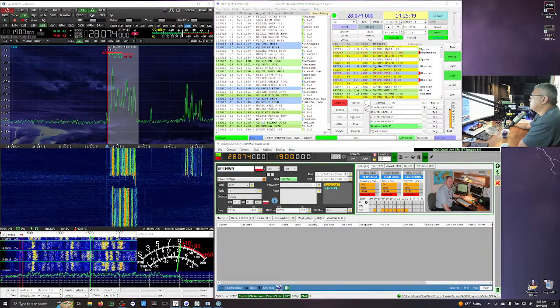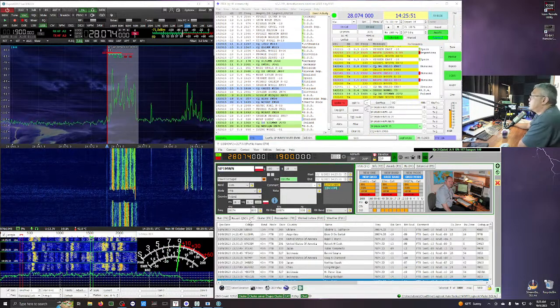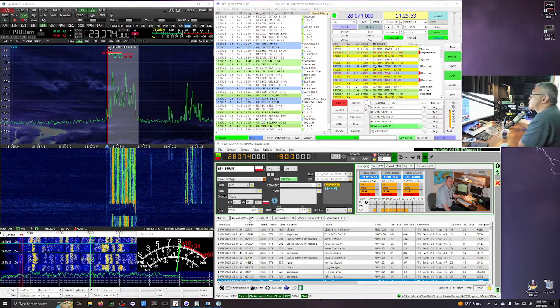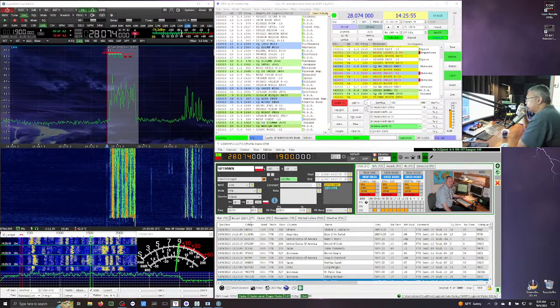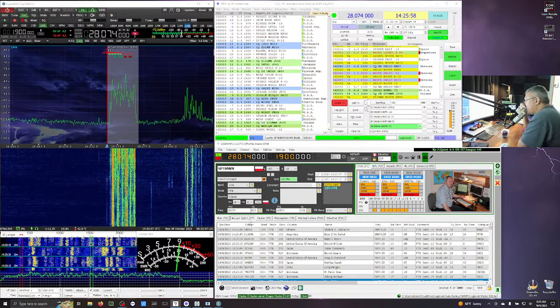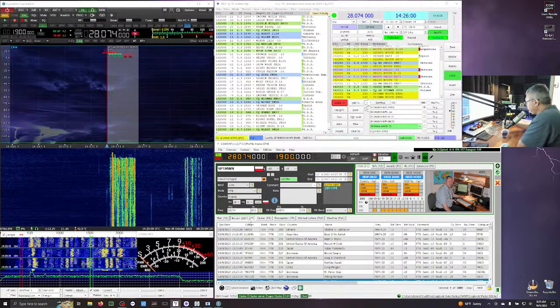Have I worked him before? Nope, haven't worked him. I'm running power, 581 watts with 18 watts input power.